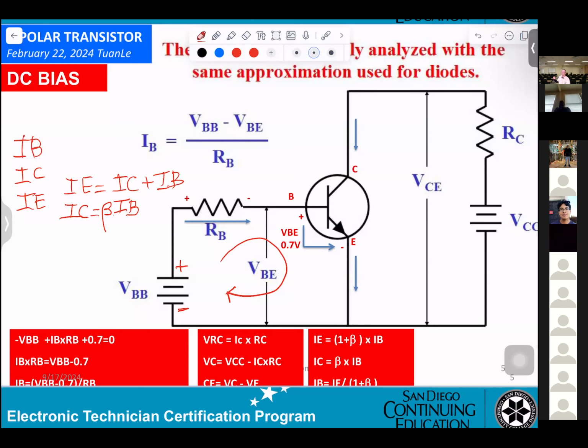That's a very, very basic formula for the transistor. And beta means current gain.